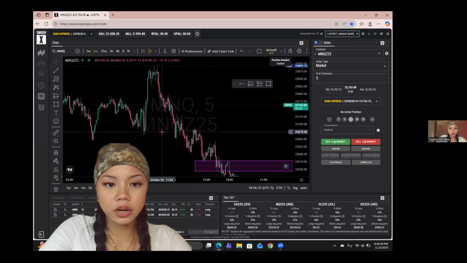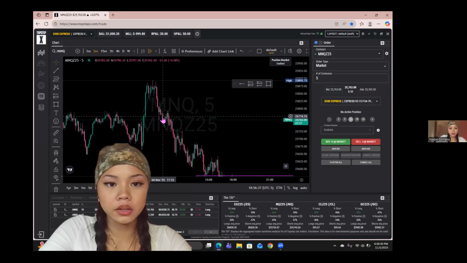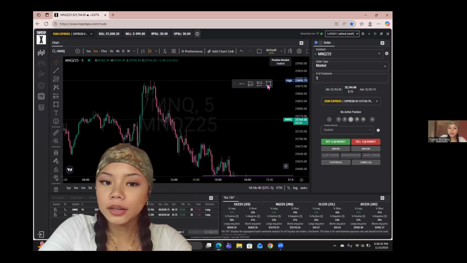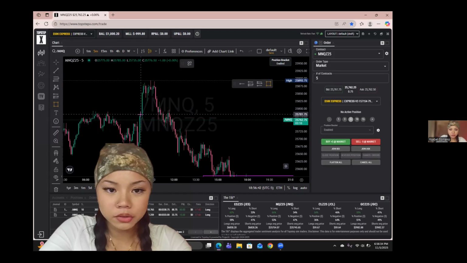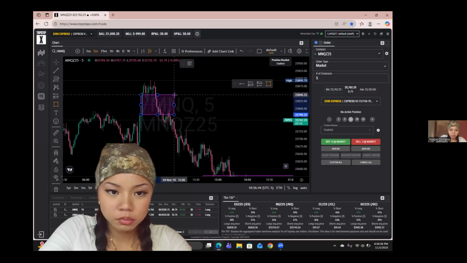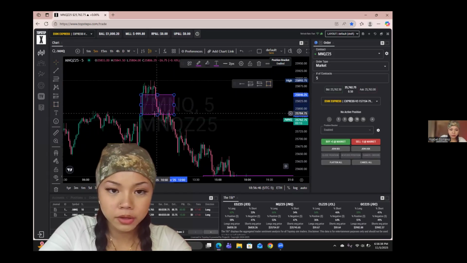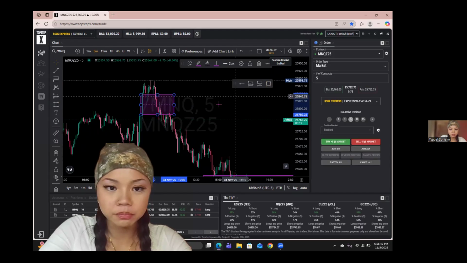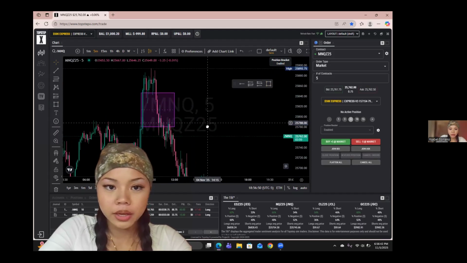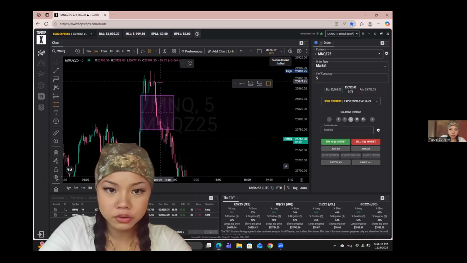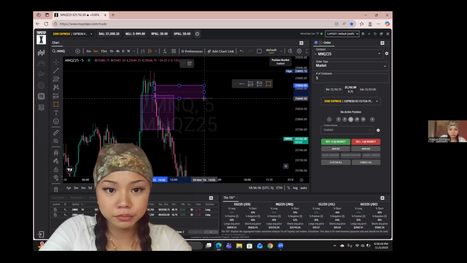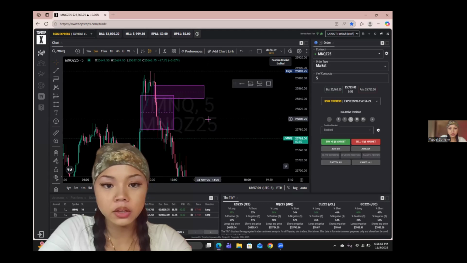This is the 5-minute time frame. So I see a 5-minute inverse of this bullish fair value gap because we inverse here. And then we get a bearish 5-minute fair value gap right here between these candles, these wicks.